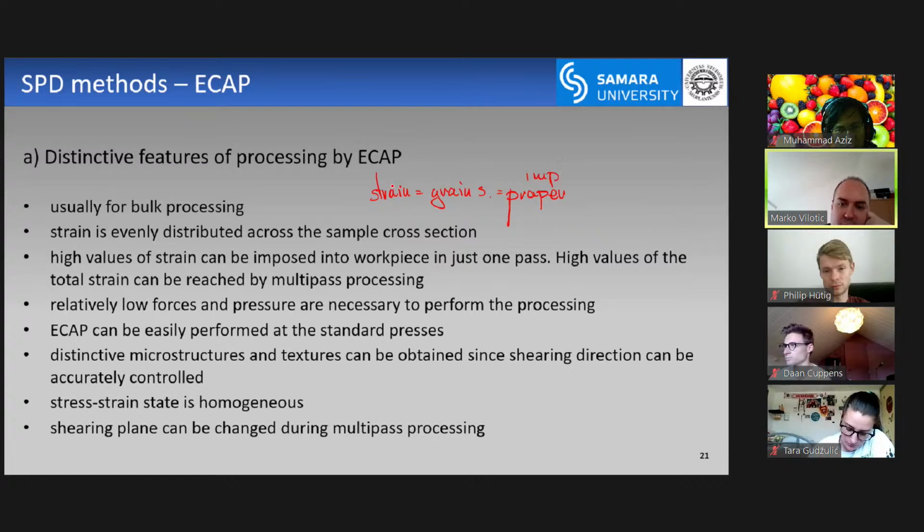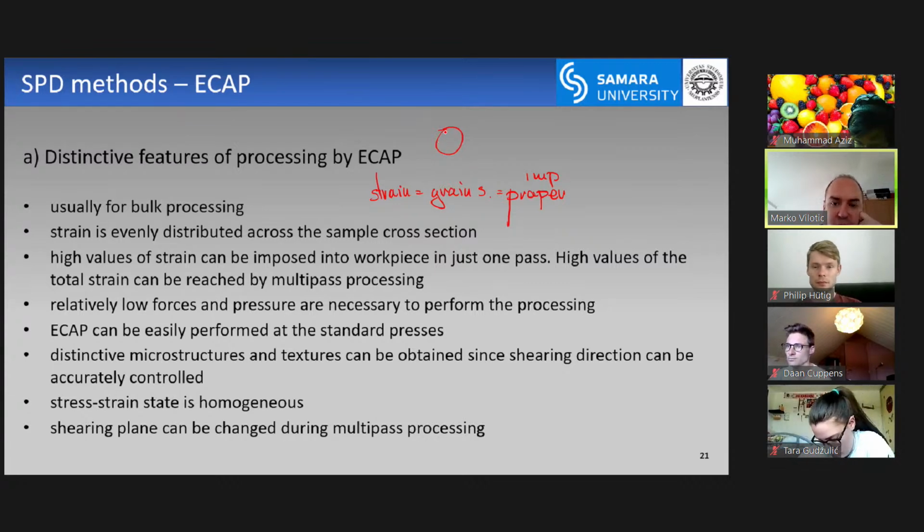If I get bigger strain, I will have small grains and improved properties. If this is the cross section of the part, most people say I need even performance. So I want the performance in the entire cross section to be the same.